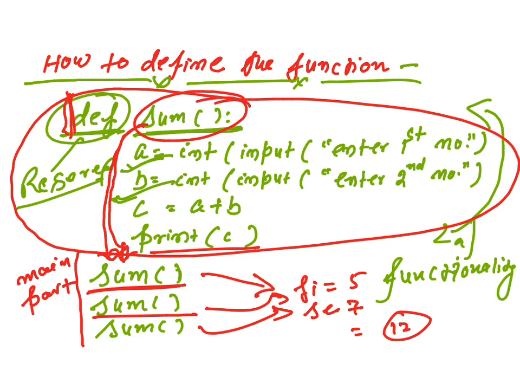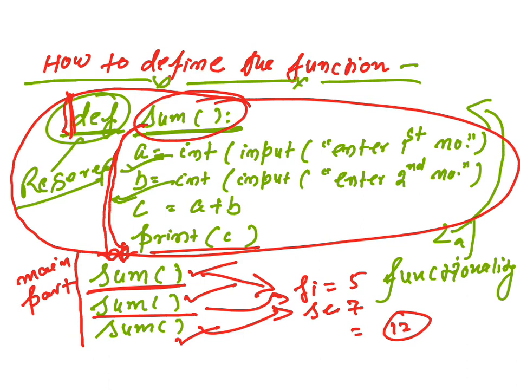So as per the importance we have discussed before, an important feature of the function is its reusability. Once you have defined the body of the function, it can be reused. We have used it 1 time, 2 times, here 3 times. You can use it 100 times, 200 times, 1000 times.